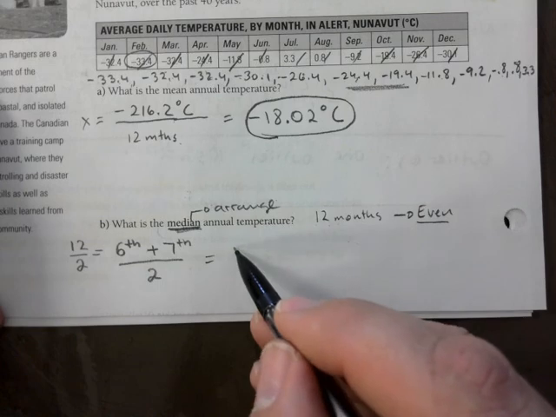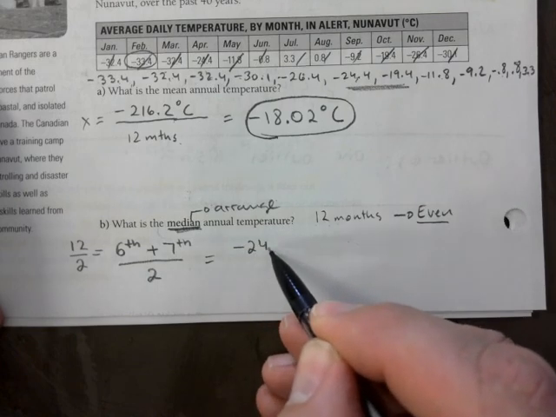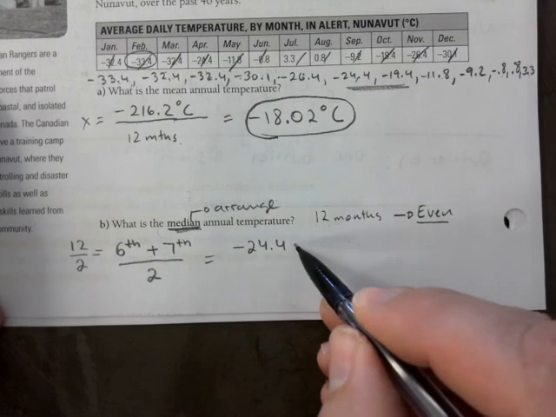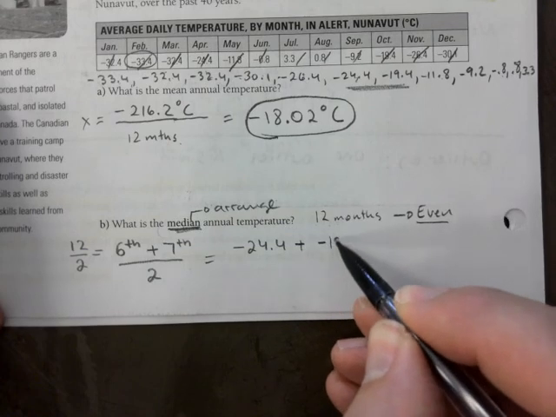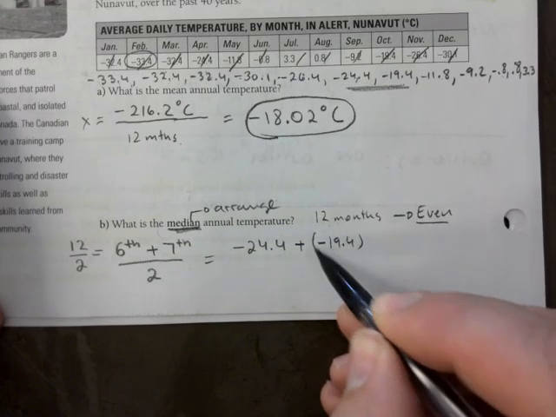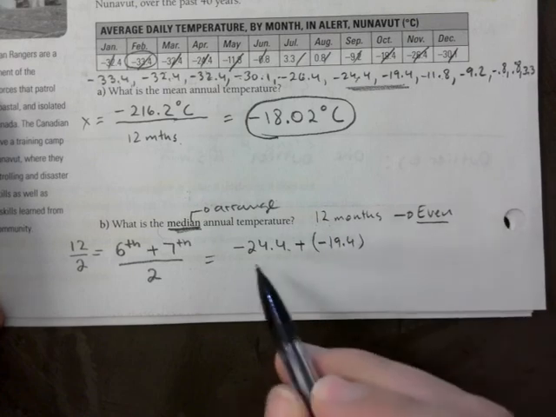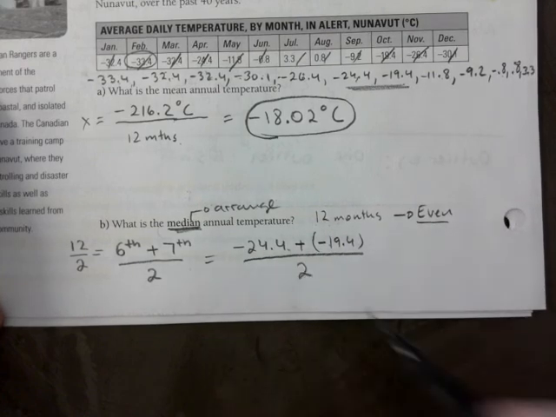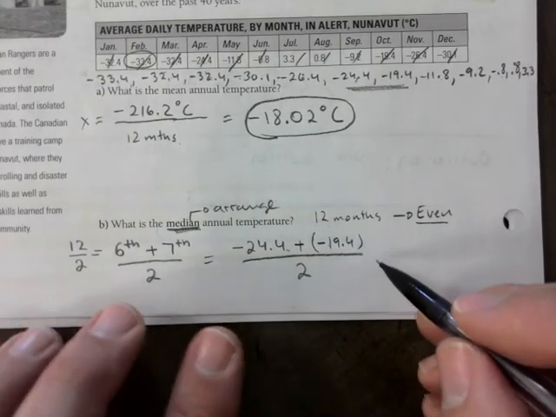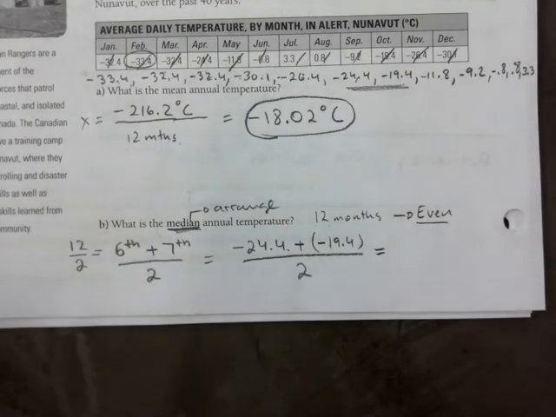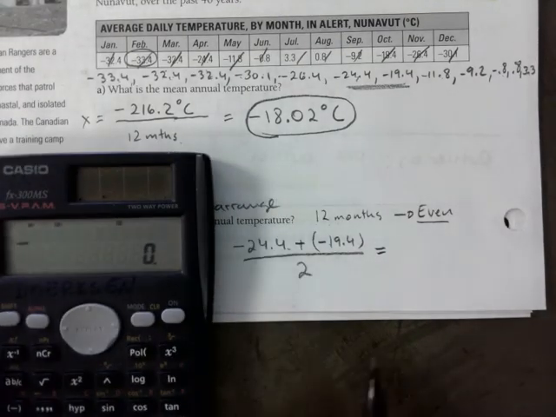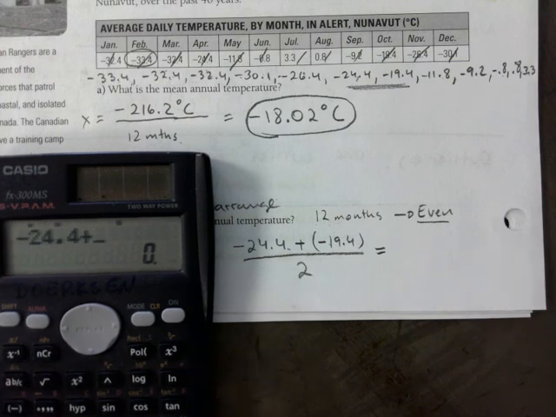And you're like, adding? They're negative. Yeah, that's okay. Plus negative 19.4. I hope this should not throw you off, guys, at this point in grade 12. But if it does, here it is. I will just tell you that you can, if you have a decent calculator, type it in exactly like that. Negative 24.4 plus, you put that in brackets, negative 19.4.